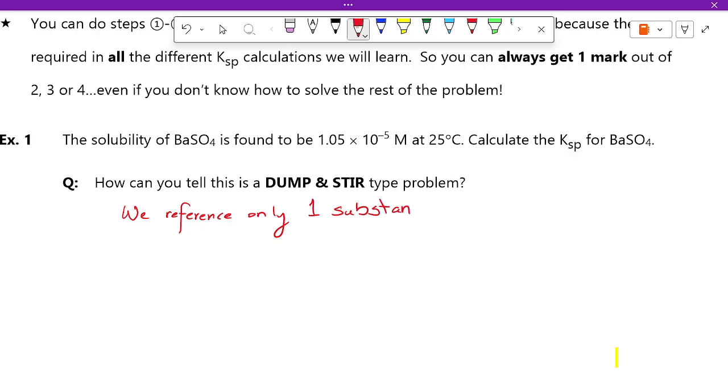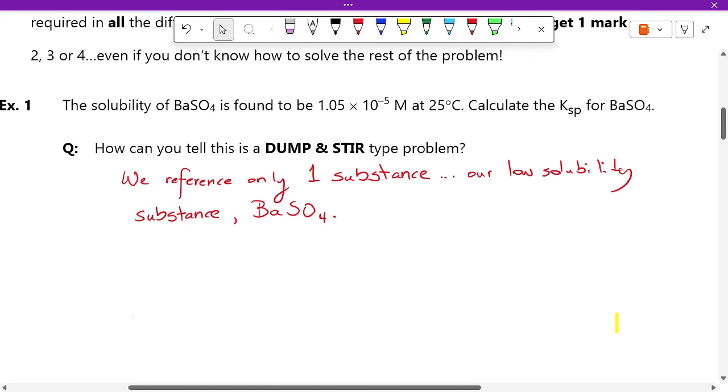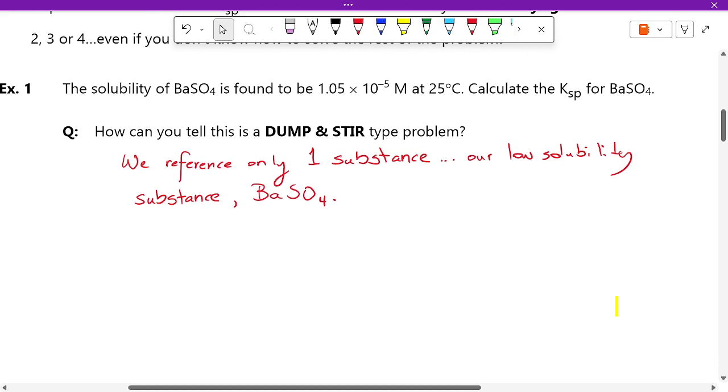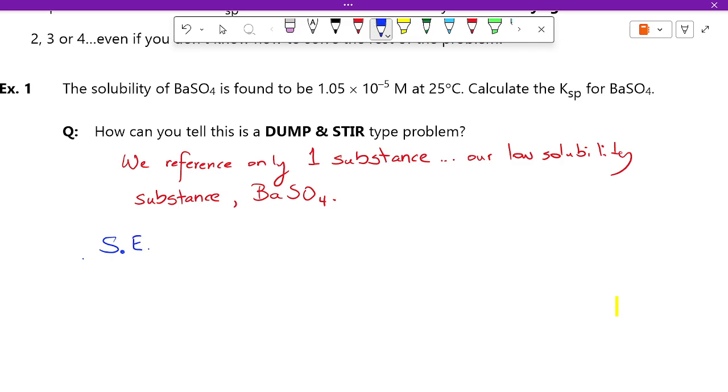And that is our low solubility substance, BaSO4. All right. So let us do our thing here. You need to write the solubility equilibrium equation.